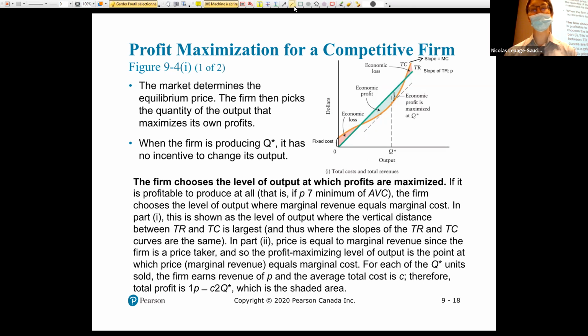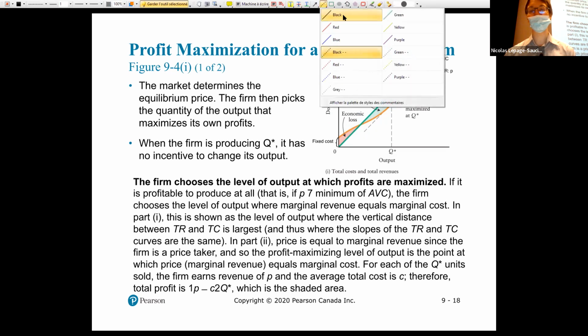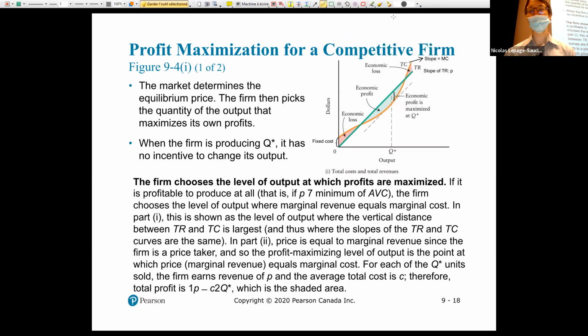One last thing I should say is the following. What would be the shutdown price on this graph? The minimum price at which you just decide to not produce. Well, it's the price such that you never make a positive profit. So here is the total revenue, with the slope of the price.